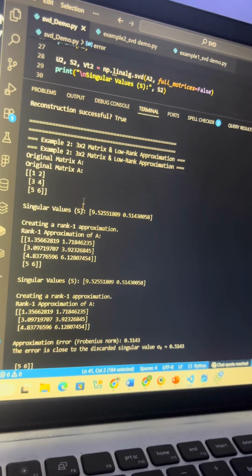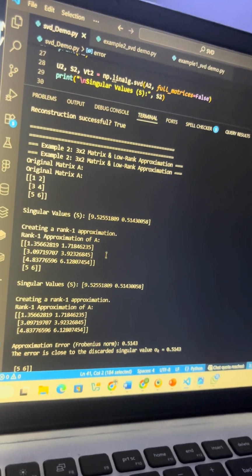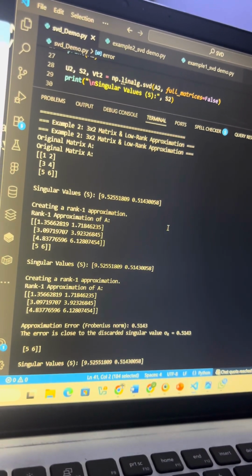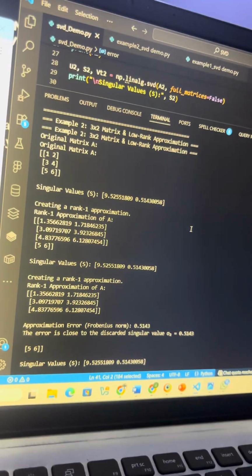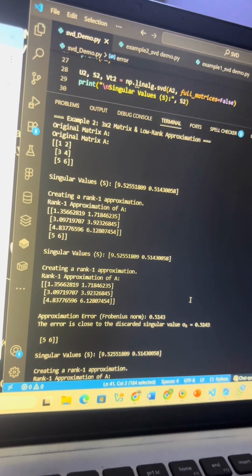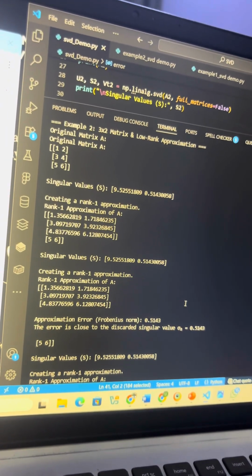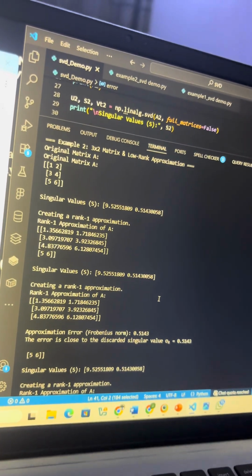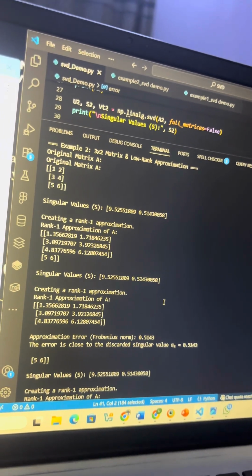Now look how close this is to the original matrix. Even though we threw away half of the information, we still captured the main pattern. The error is about 0.5, which is exactly the size of the singular value we discarded. This isn't a coincidence, it's how the math works.